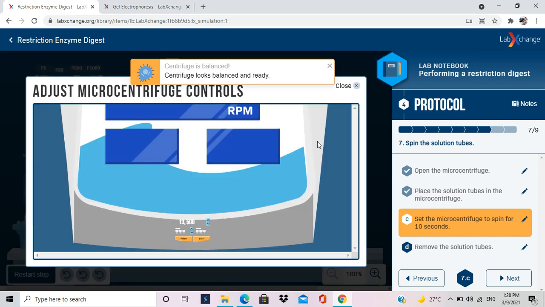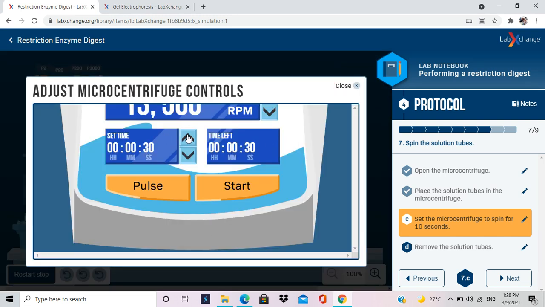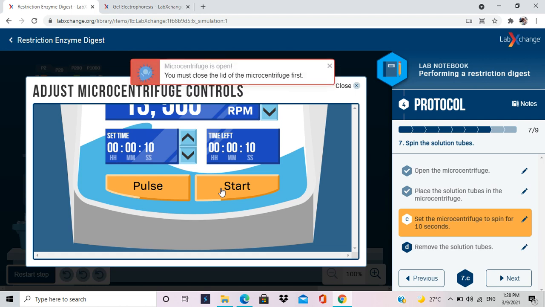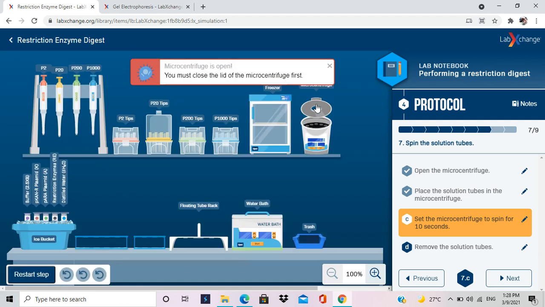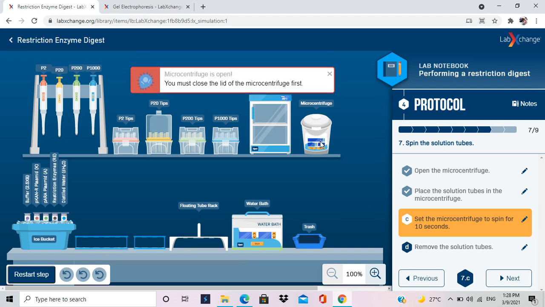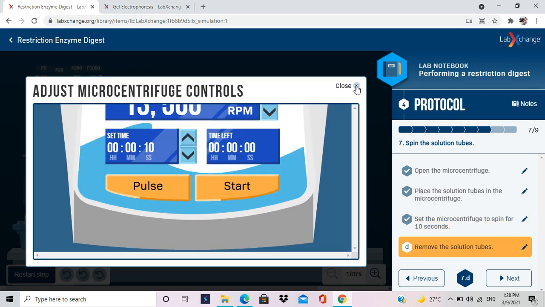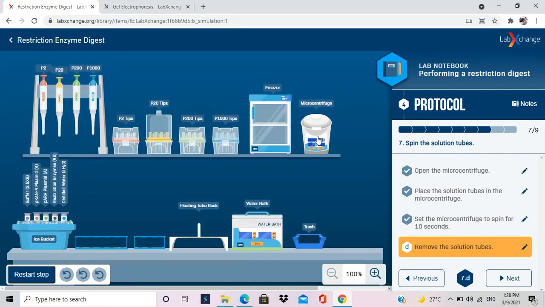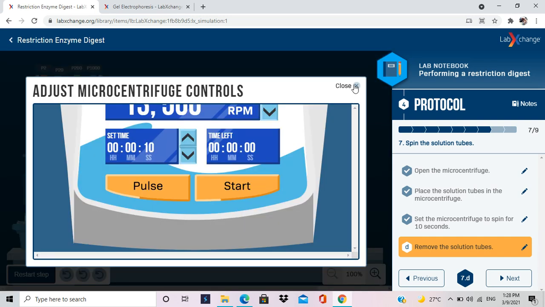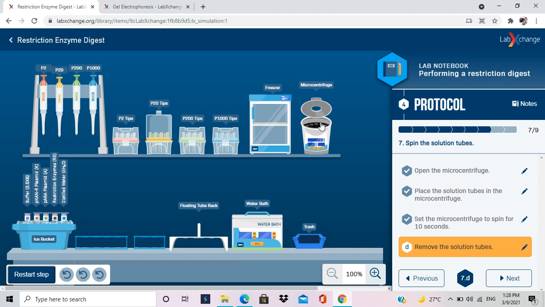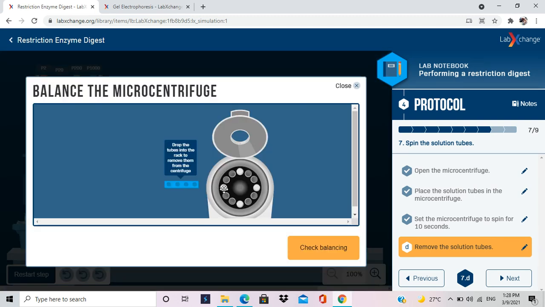After that I set the timer to 10 seconds, then close the microcentrifuge and start the button. After it's done, I remove the solution tube into the rack.